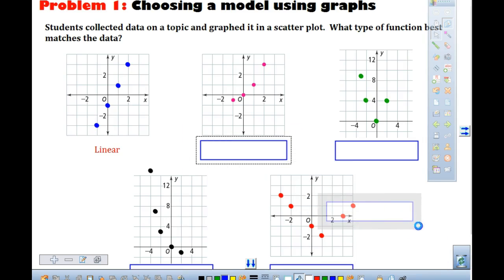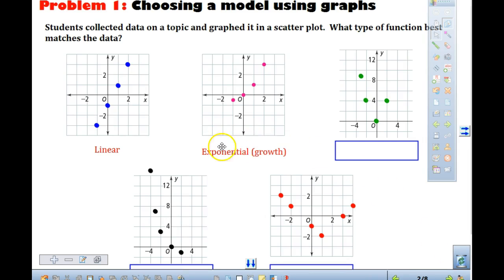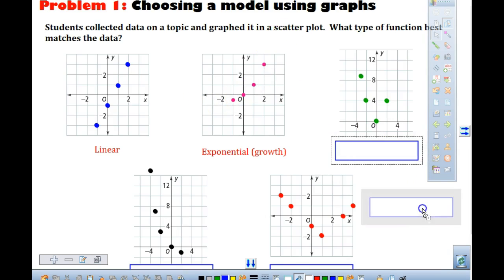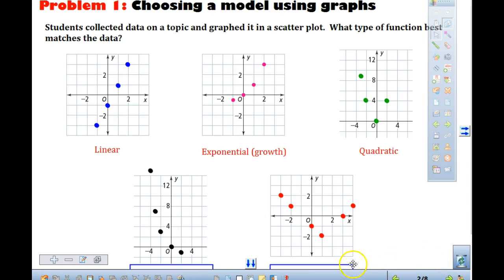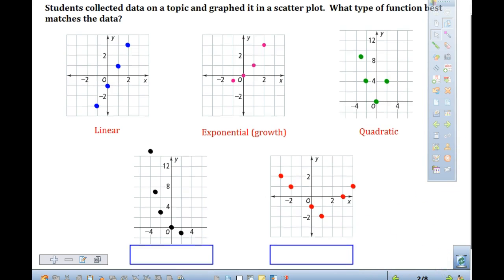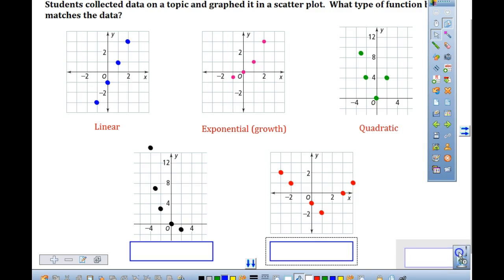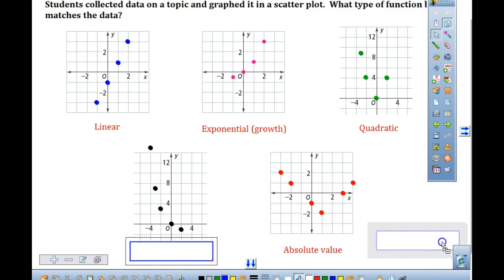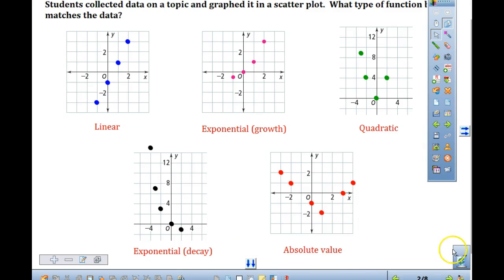All right, second one, quadratic or exponential? Exponential. So someone said, oh, but I couldn't see. But if you're looking at that and it kind of is curving up, this next one is definitely quadratic. And as we look at the bottom 2, we should have absolute value and another exponential, and it's decay.